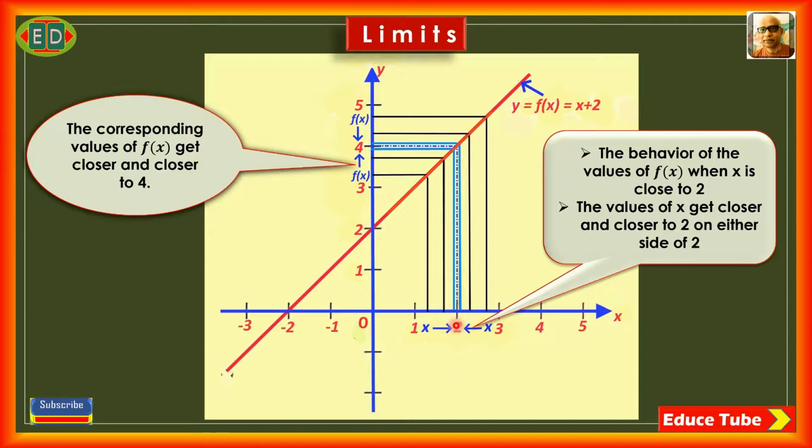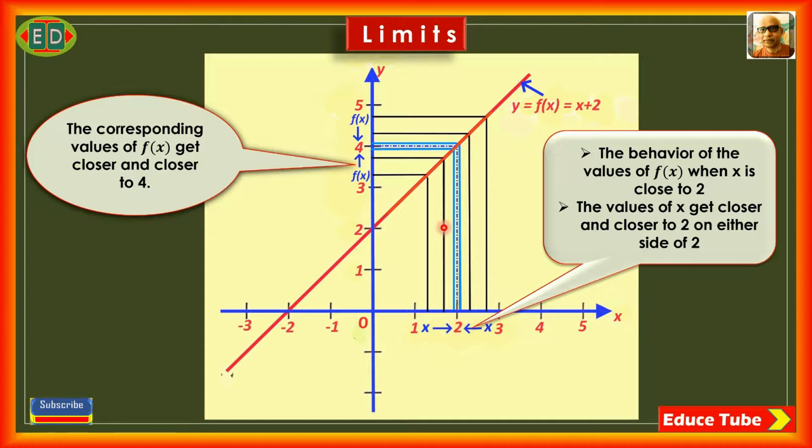Here our task is to discuss the behavior of the values of function of x when x is close to 2. The vertical line in this graph, we can see it here, represents the values of x that are close to 2.